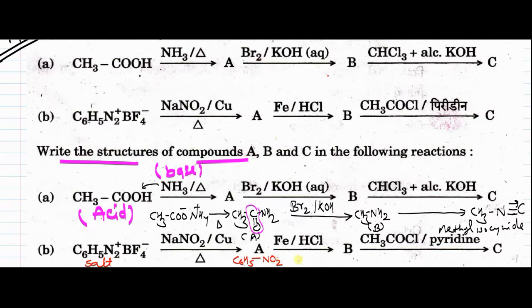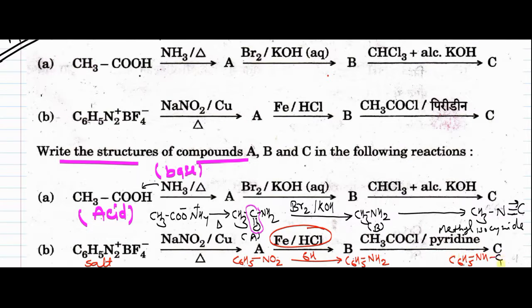Reduction of nitrobenzene with Fe and HCl, aniline as a result. Aniline reacts with CH3COCl, C6H5NH-COCH3 as a product.